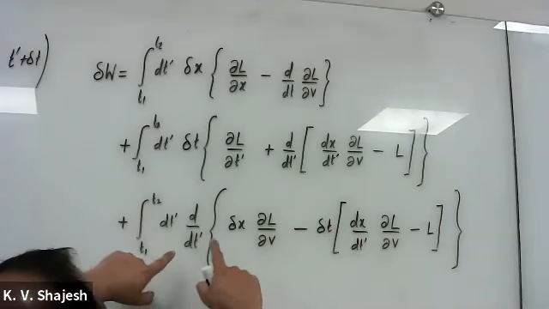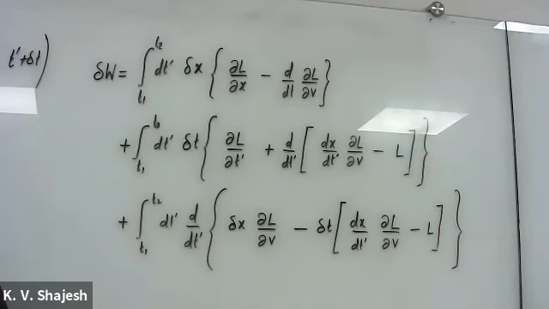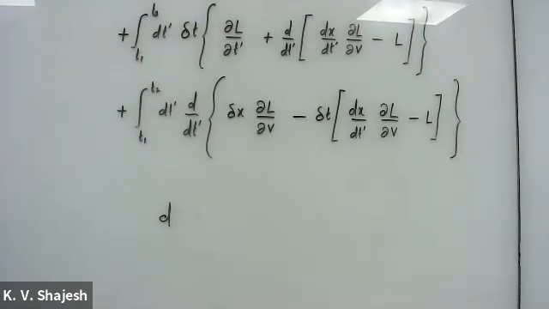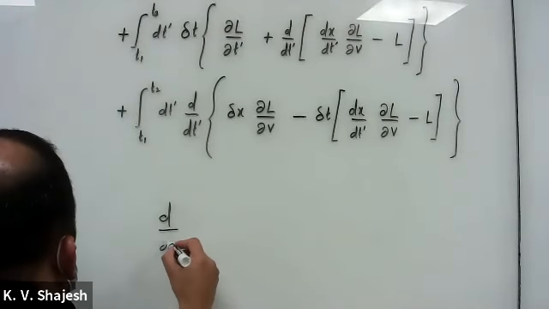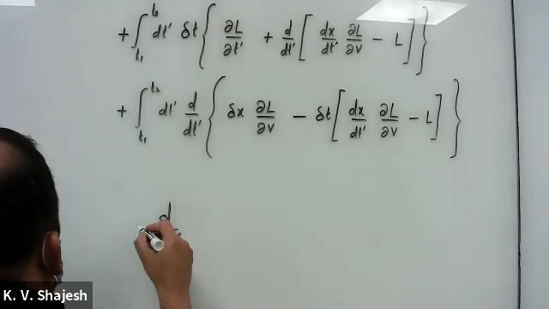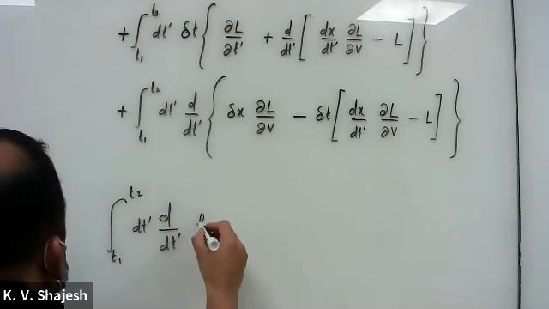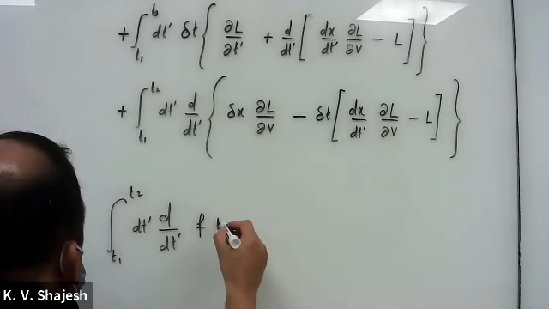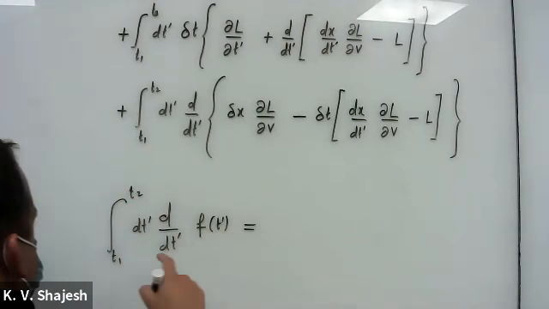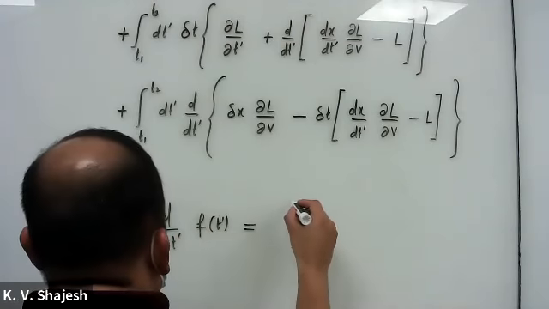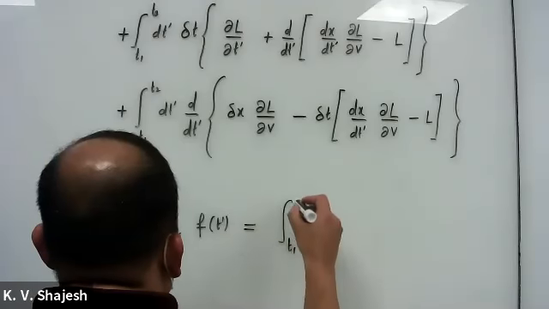But this is only at the time. Think of, for example, d/dt prime of the integral from t1 to t2 of f of t prime. The dt prime cancel out, so this is a total derivative, right?